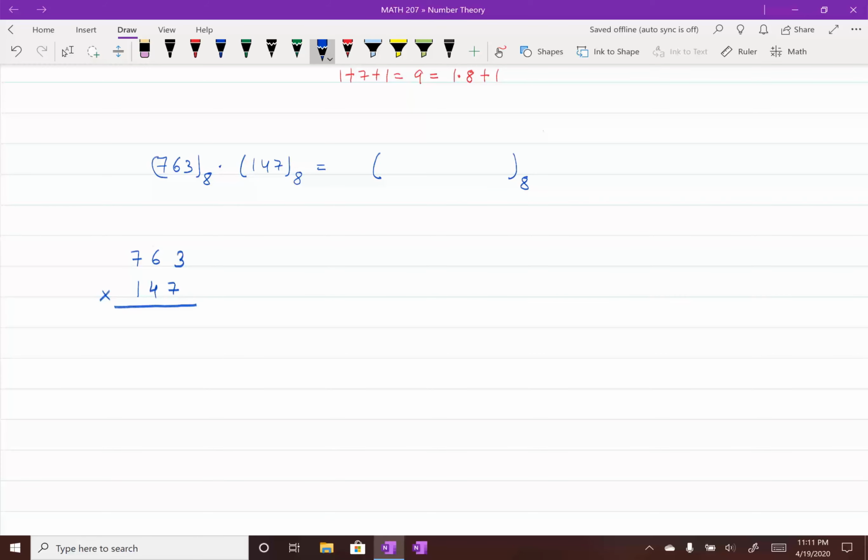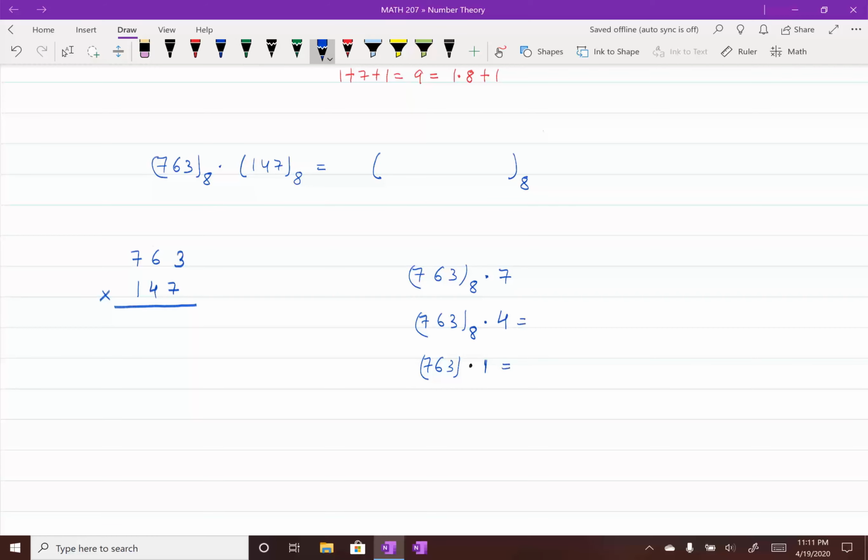So first I need to compute the first row, and the first row is 763 with the base 8 multiplied by 7. Then I need to compute 763 with the base 8 multiplied by 4. And 763 is going to be multiplied with the last digit here, which is equal to 1, so it's going to be 763 times 1.